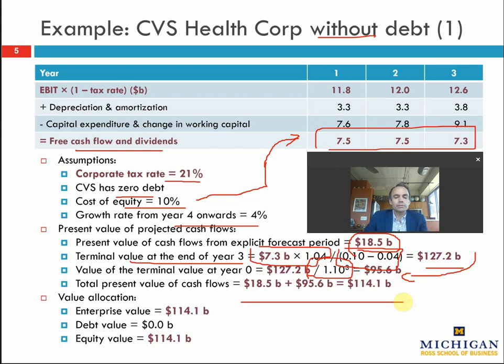And the total present value of all cash flows, if you add up the present value of cash flows from the first 3 years, plus the present value of cash flows from year 4 onwards, is $114.1 billion. So to set up our example, CVS has an enterprise value of $114 billion. It has no debt, so it also has an equity value of $114 billion.